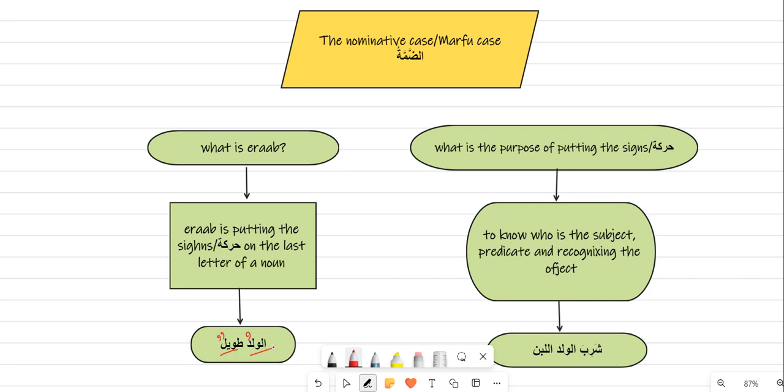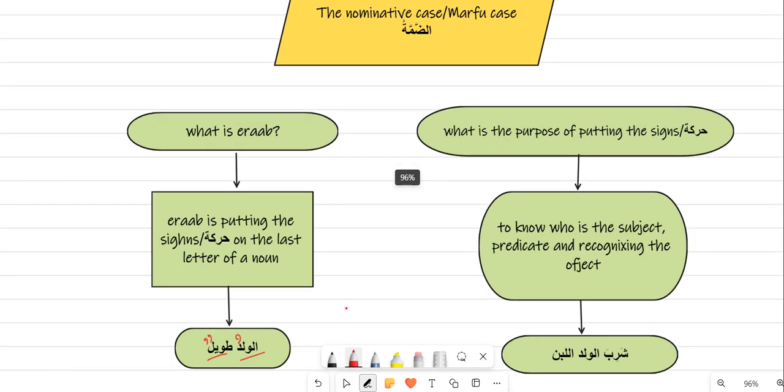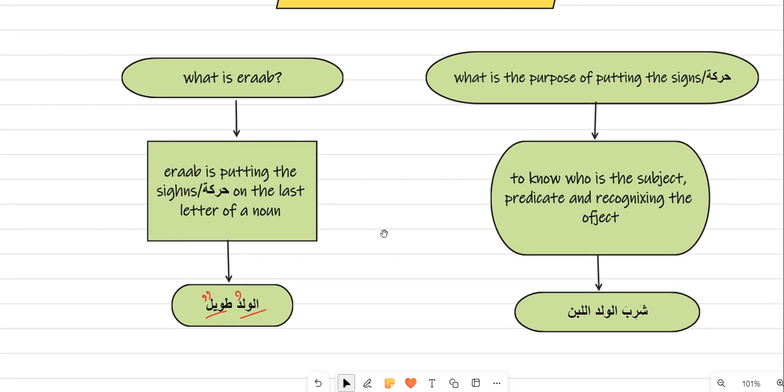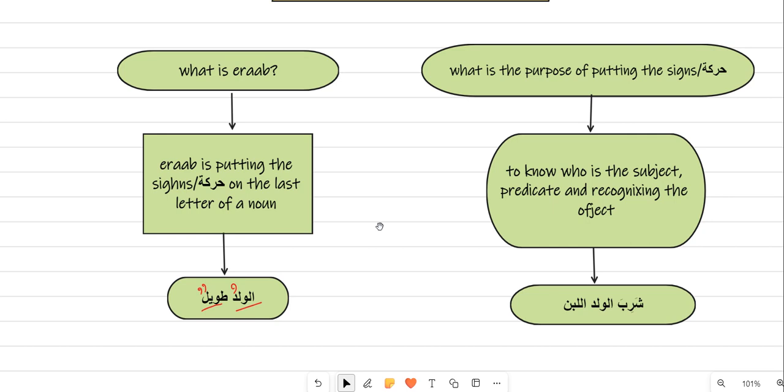So first, before I go much deeper into Arab, first let us know what is Arab. So anybody who is beginning to learn grammar should have a clear idea of what he or she is going into. What is he or she going to learn in Arab? What is Arab?